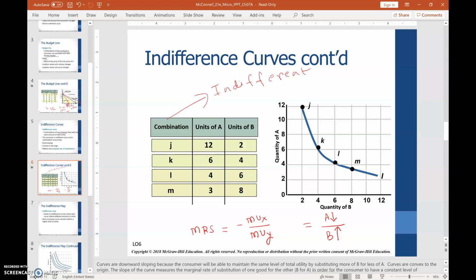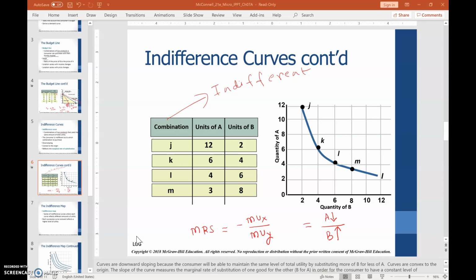This is how we define the marginal rate of substitution. This MRS, or marginal rate of substitution, means the rate at which one good is going down and the other good is going up, keeping total utility constant.